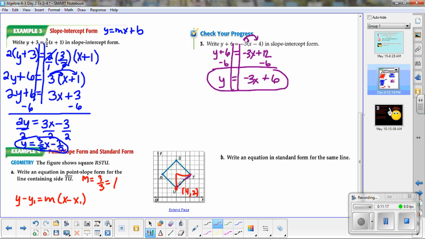Now we're going to use this point right here, so we're going to do y minus the y value, which is 2, equals the slope, which is 1, times x minus the x value, which is 4.